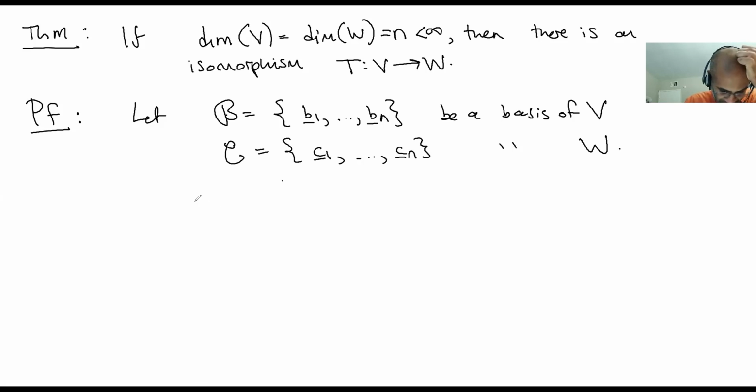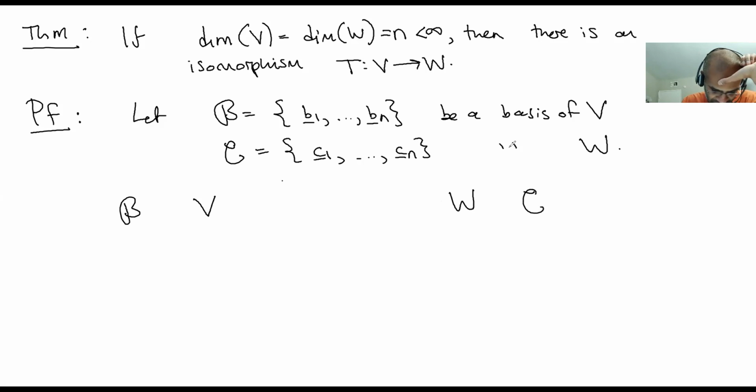So I have these two spaces. I have V, it has its basis B. I have W, it has its basis C. Now, what do I know how to do with bases?